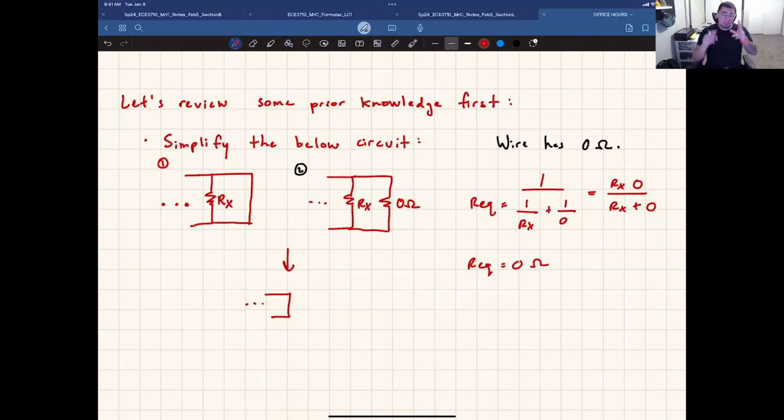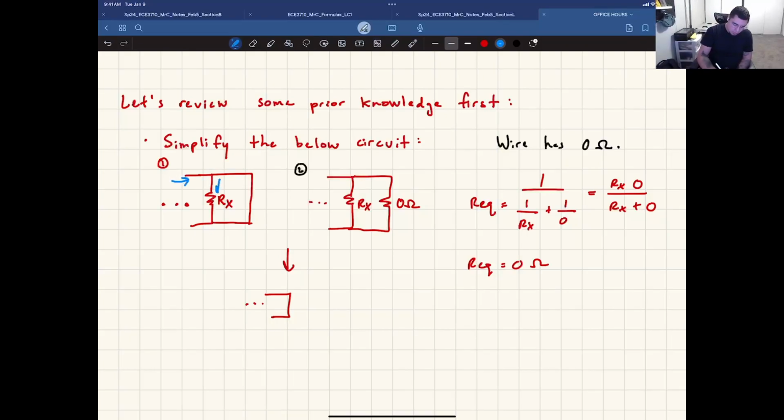Now, if you go back to your physics or physics 2 or AP class, you may have heard that this Rx is being shorted because there's a wire in parallel to it. This is referring to current. The way conventional current, positive charge movement, works is that current would come from this part of the circuit and it has to split.